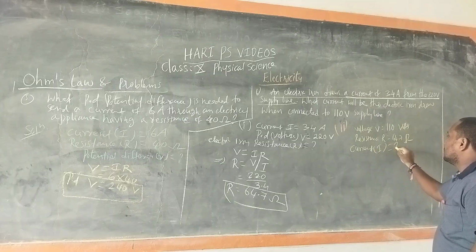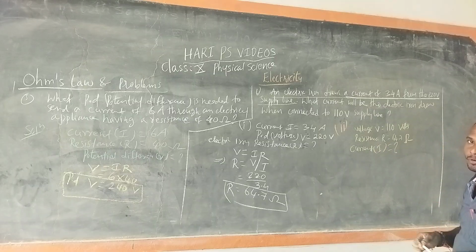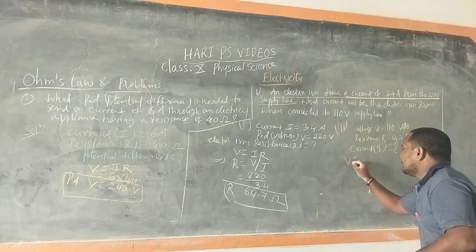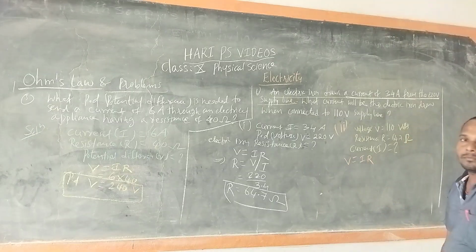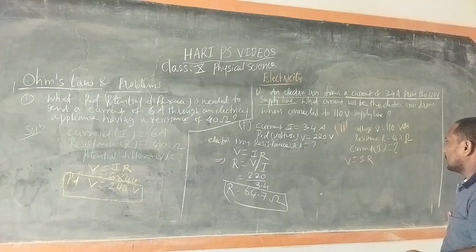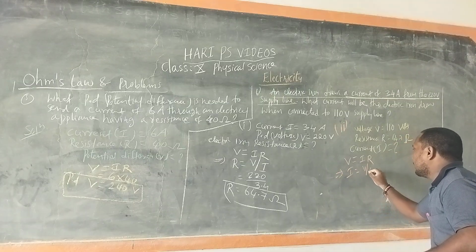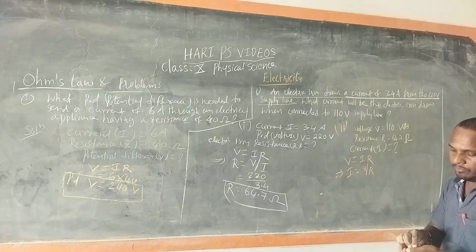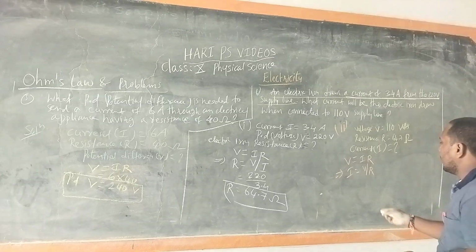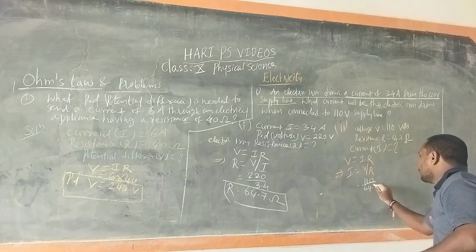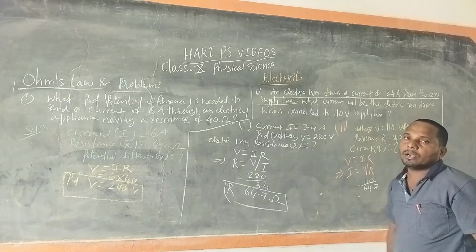Current I. From V is equal to IR, you can write I is equal to V by R. Substitute the values: 110 by 64.7.